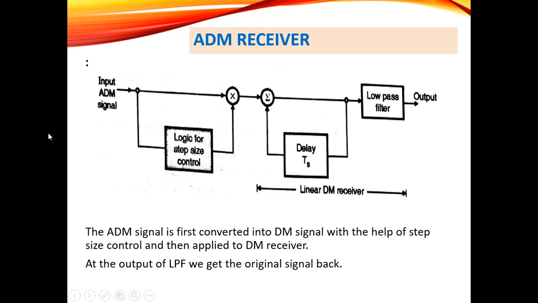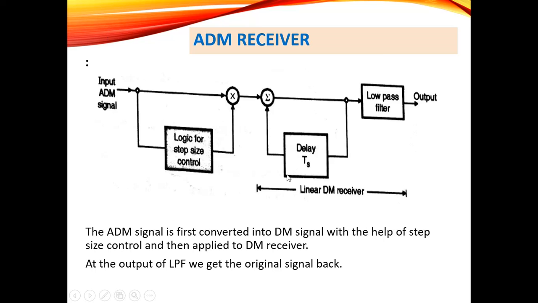It reconstructs the quantized version xq of t, and then it is passed through the 1 bit delay, and then it passes to the low pass filter. By the low pass filter, it reconstructs the original signal and recovers the original output x of t.